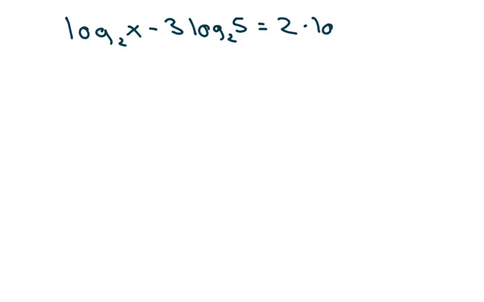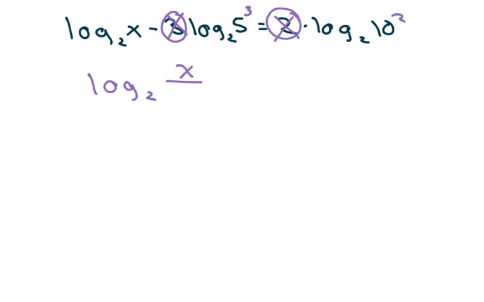Okay, I have 2 more here. We have log base 2 of x minus 3 times log base 2 of 5 equals 2 times log base 2 of 10. Now what I do is take care of these power properties. I've moved the power there. Now I'm going to condense this and write it as a single log using my quotient property.